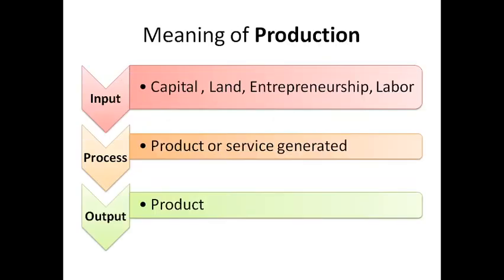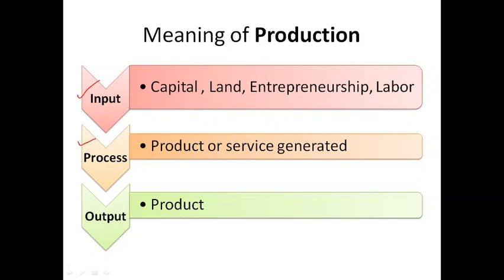Production is an activity that transforms input into output. Input like capital, land, entrepreneurship, labor, etc. These inputs may be changed according to the need of organization. Next, process.